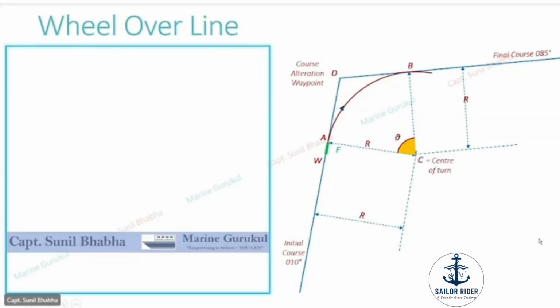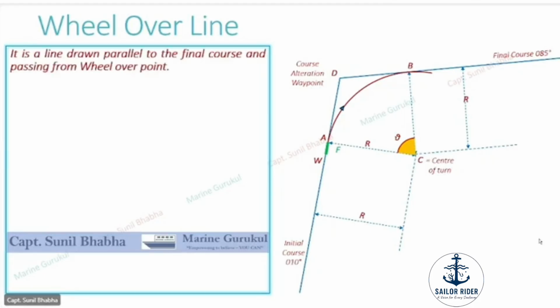Now we have seen the wheel over point. Another very important reference for us to execute the turn is known as a wheel over line. A wheel over line is a line drawn parallel to the final course and passing through the wheel over point.